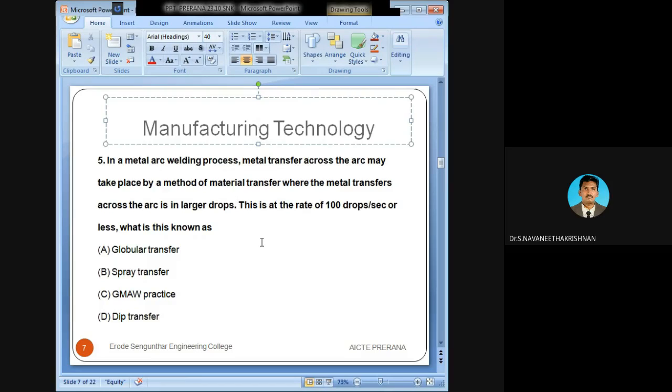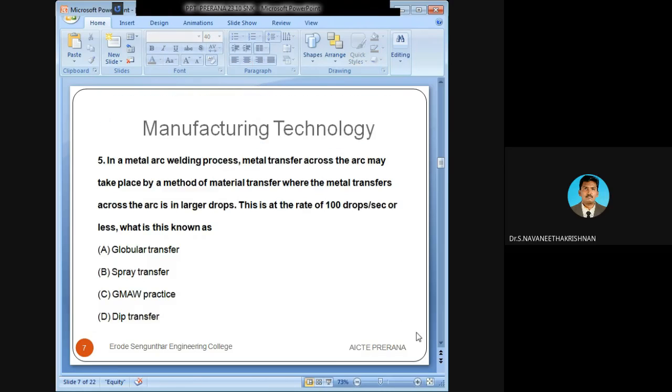The next question is, in a metal arc welding process, metal transfer across the arc may take place by a method where the metal transfer across the arc is in larger drops.